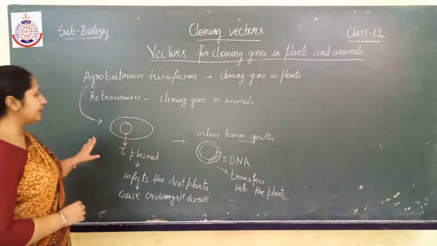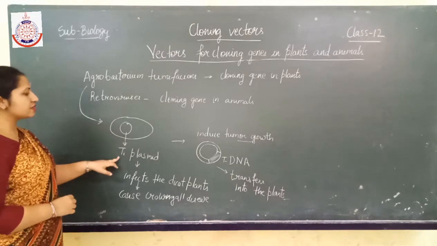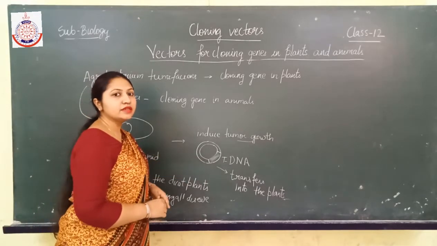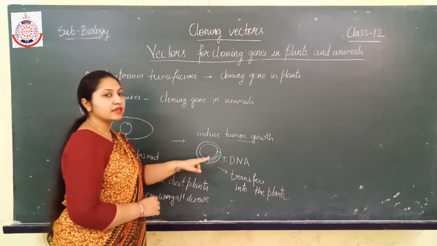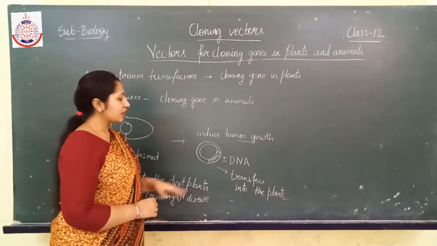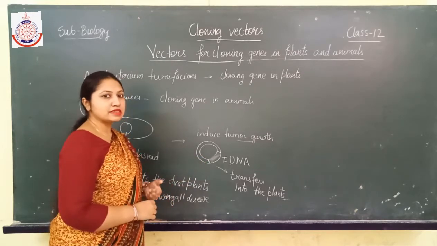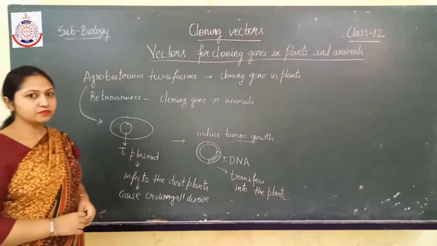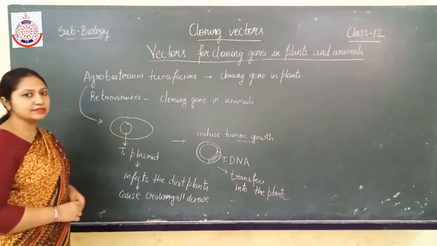Okay, let's see again. Agrobacterium tumefaciens contains the Ti plasmid, and this Ti plasmid contains the tDNA region. This tDNA region infects the plants, easily transforms into the plant cells, and then induces the tumorous growth, and this results in the crown gall disease.